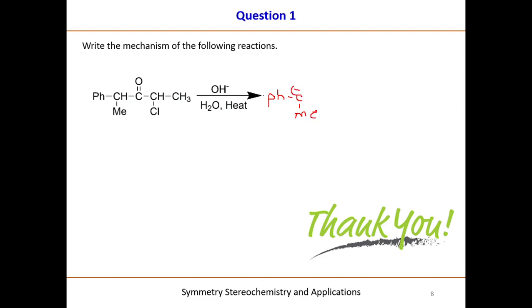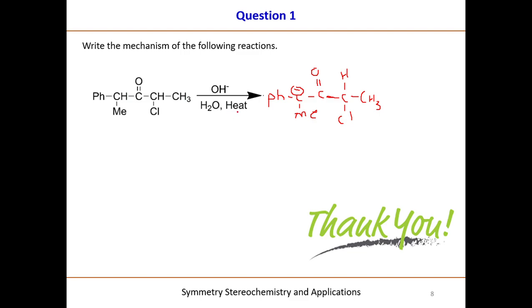A negative charge will generate over here because the proton abstraction is taking place, and then the carbonyl group, then the next carbon which has the halogen atom Cl, a proton and an alkyl group, right? So the carbon atom which has only alkyl substitution will undergo proton abstraction. This is the first step, abstraction of the alpha proton.